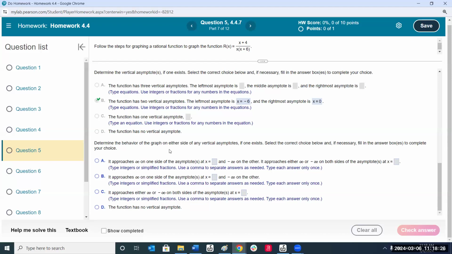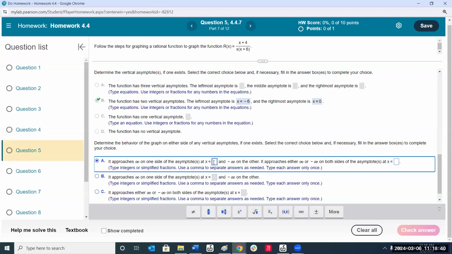Determine the behavior of the graph on either side of the vertical asymptotes, if one exists. It approaches infinity on one side of the asymptote at x equals -6. Let me see.